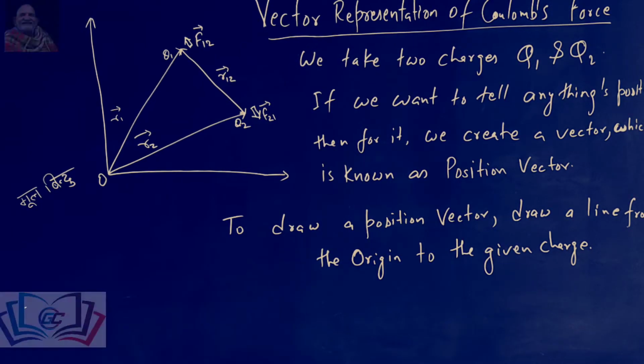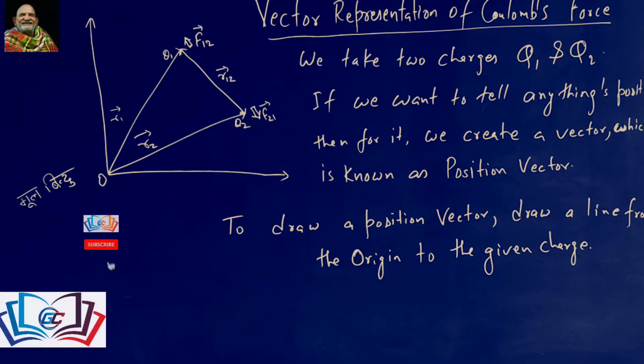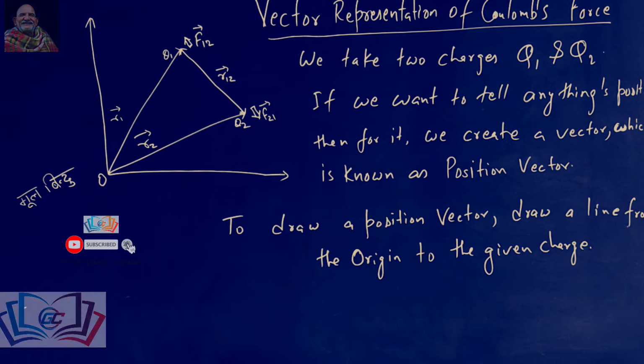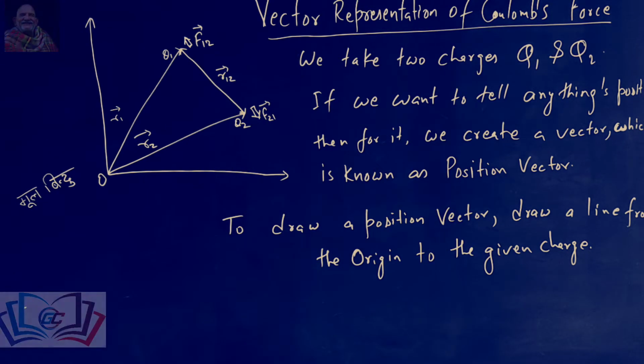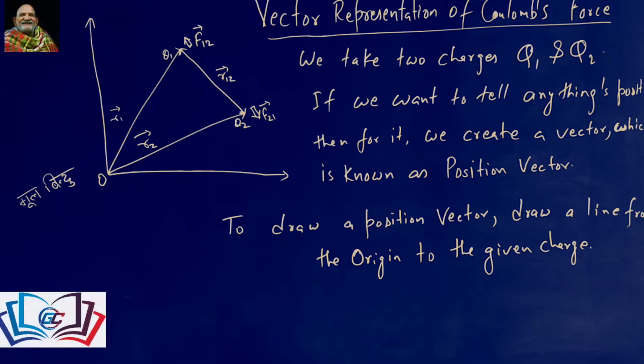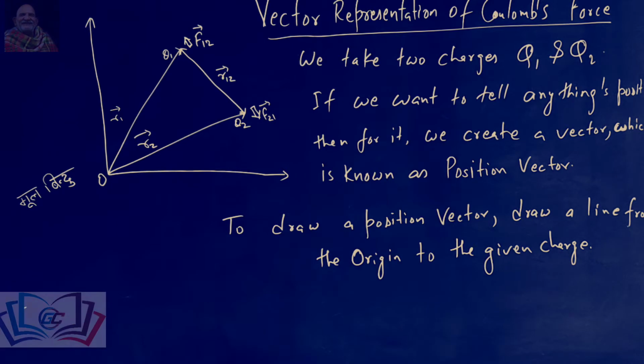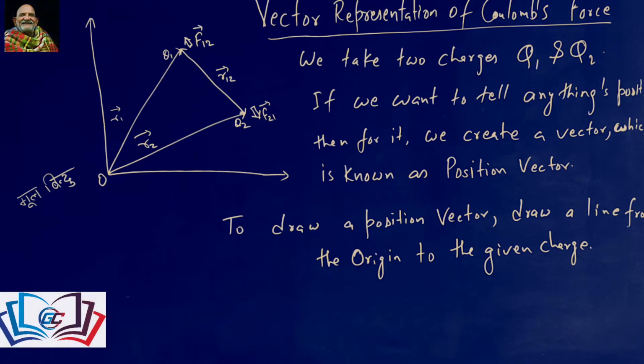In this chapter of electrostatics we are going to study the vector representation of Coulomb's force. In this lecture we are going to learn about vector representations. First of all we have to take a figure.